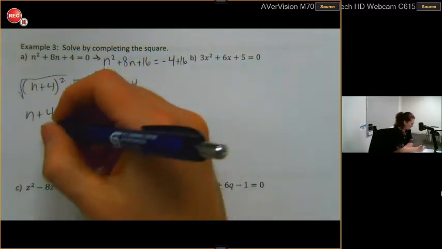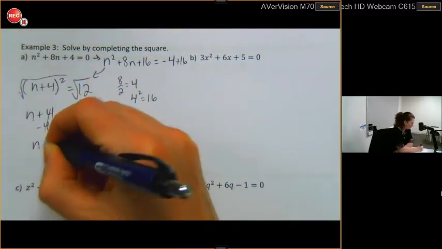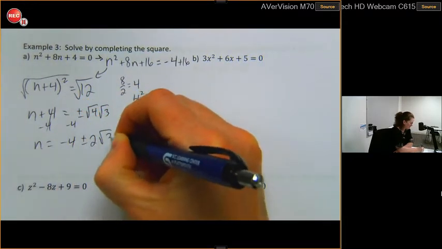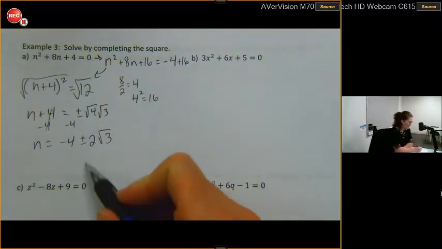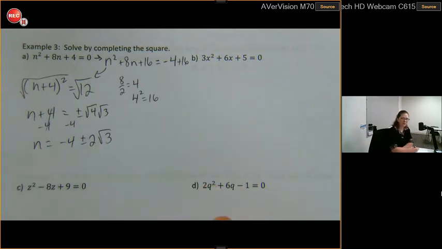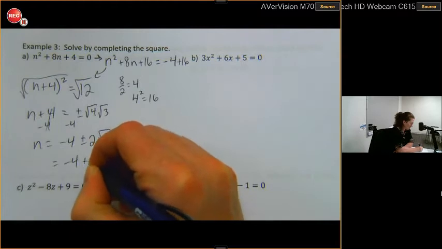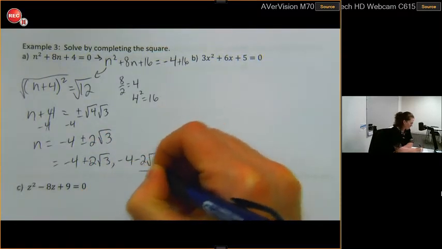And then I'm going to move this 4 to the other side. We have -4 plus or minus 2 square root of 3. And that's all the more I can do. I cannot put the 4 and the 2 together because this 2 is attached to the square root of 3. They're not like terms. So if you have to write it separately, that's your answer.